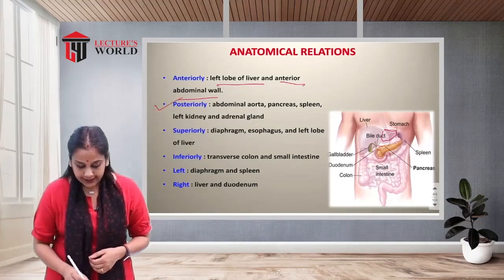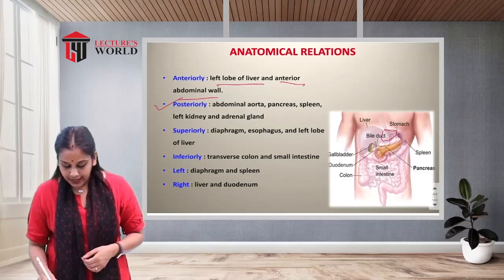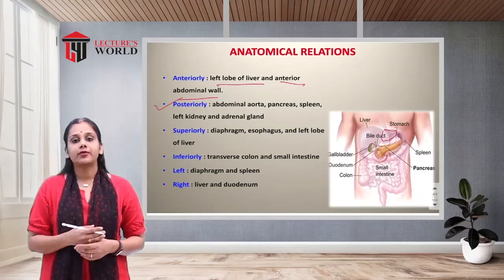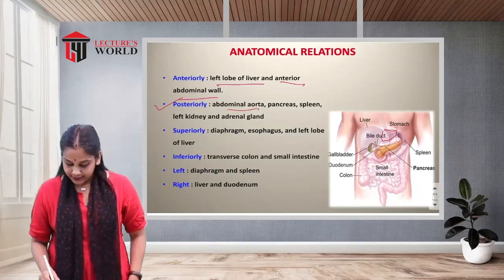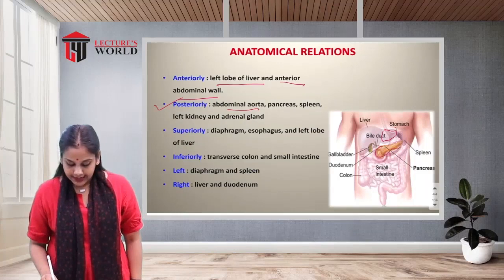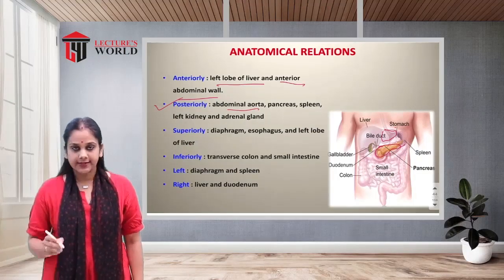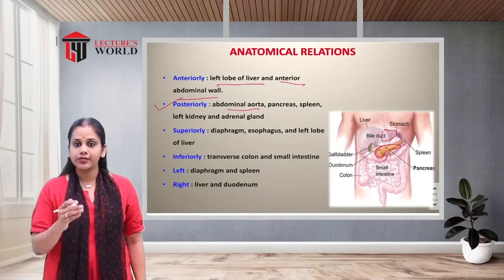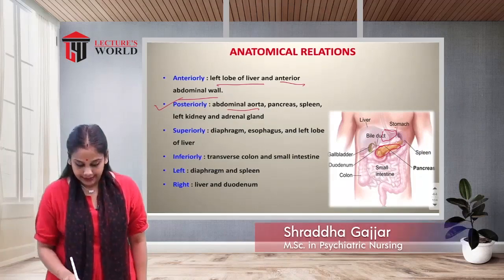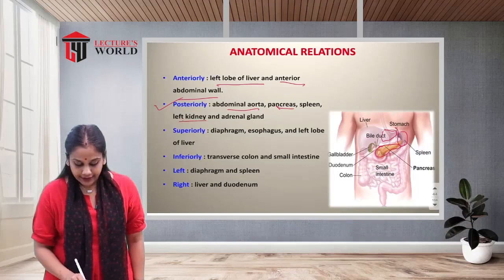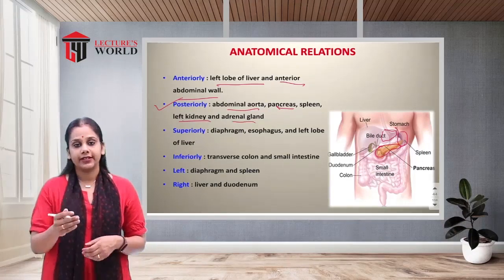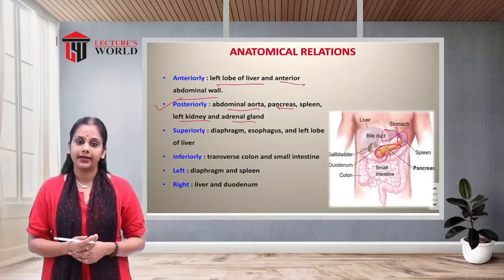Then posteriorly, there is the abdominal aorta, which comes from the heart. You can see this is the pancreas. So behind the stomach, on the posterior side, there is the pancreas. Then the spleen, see this is the spleen. Then the left kidney, and over the left kidney there is the left adrenal gland.